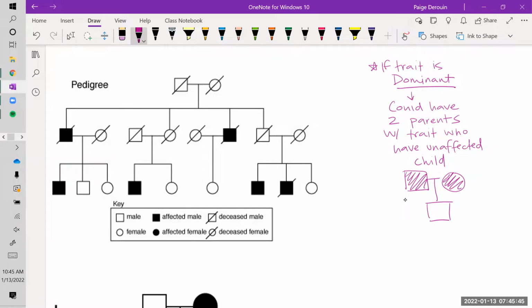And the reason that you could have that is we've got our square here. I'm going to use R's. So this square would be capital R, lowercase r. This circle would be capital R, lowercase r. And then what happened is both of them passed their lowercase r to their son in this case. And that's why he doesn't have the trait. Make sense?